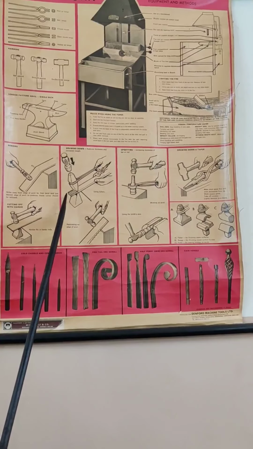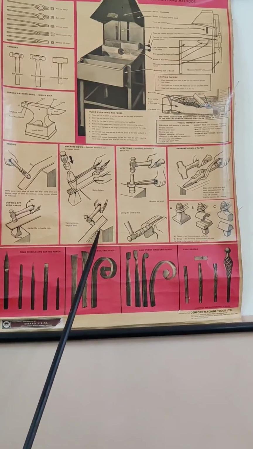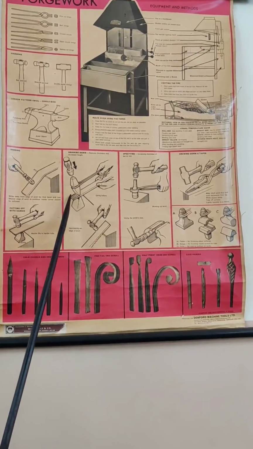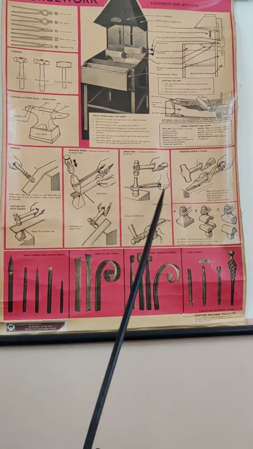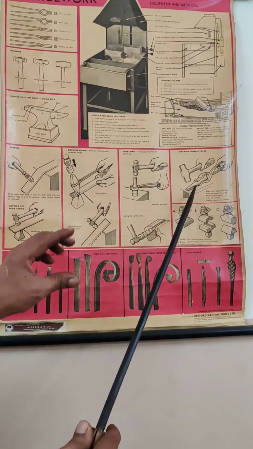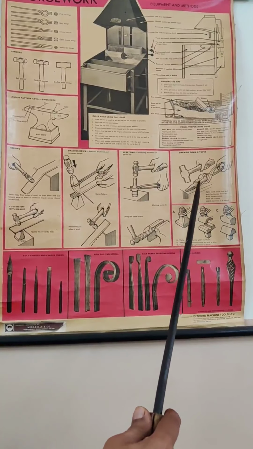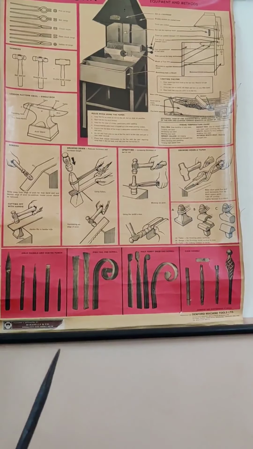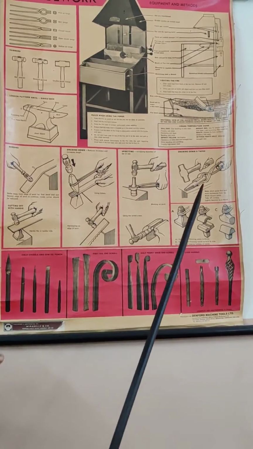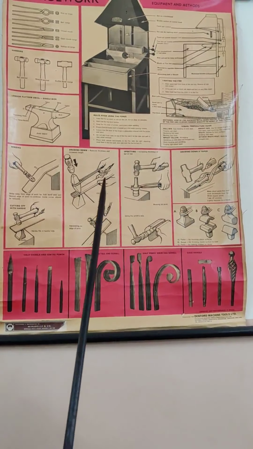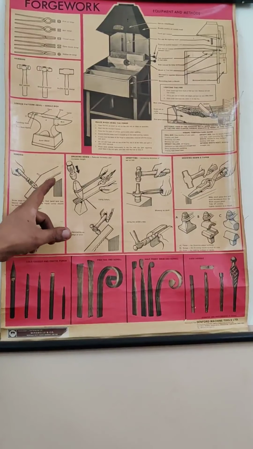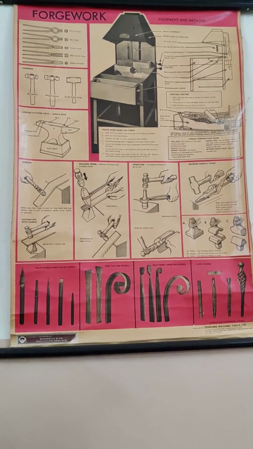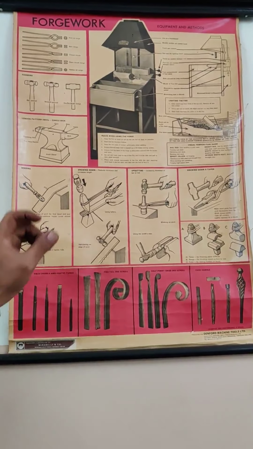You have fullering. See, fullering is done here also, and flattening. So you flatten it also. This is flattening, but along a taper. So this is taper. Okay, so drawing down is increasing the length, as I have already mentioned. Drawing down and setting down are the same. Only difference is drawing down is for a whole length, setting down is for a shorter length.